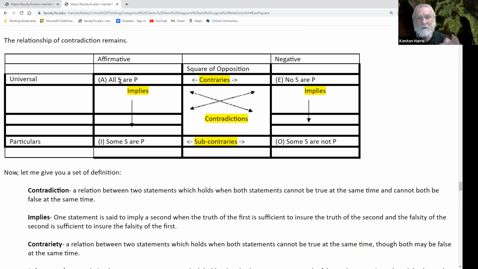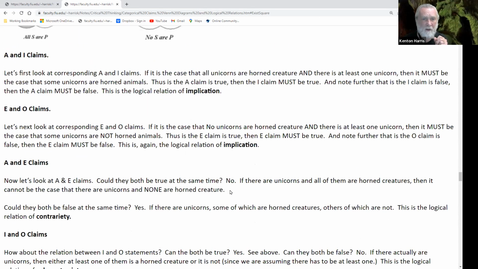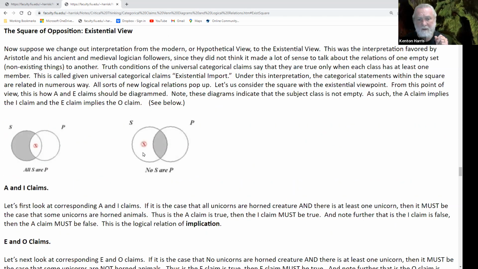So notice that is the relationship of implication. Two claims imply one another. It means that if the first one is true, the second one must be true. But if the second one is false, the first one must be false, right? The same relationship of implication occurs between the E and the O claim. And why is that? Because the E claim is saying that there's an X in that region.